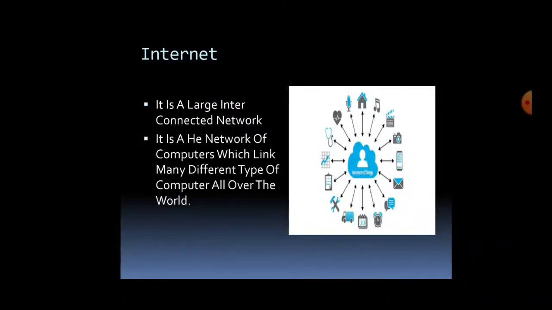The internet is a large interconnection of networks. The internet is a global system of interconnected computer networks that use the internet protocol suite, TCP/IP, to communicate between networks and devices. This is the definition of the internet. In current life, the internet is very easy for any person to use.